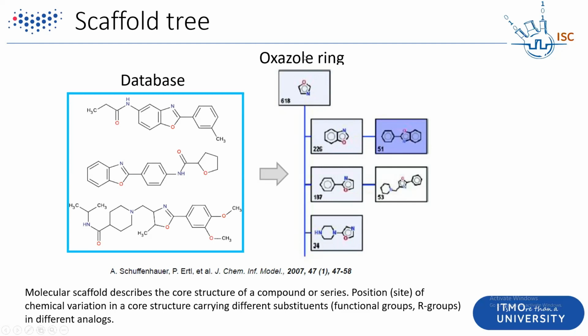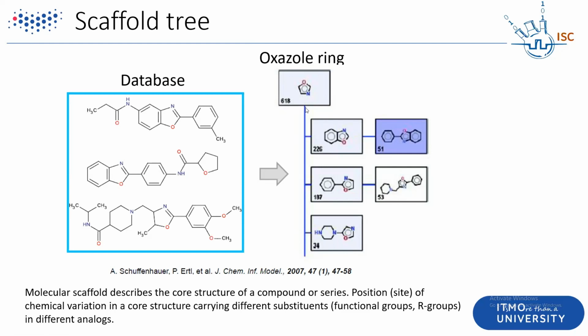by implementing this scaffold tree, one could structure this database and see, for instance, if I add a similarity function, I would have some kind of scoring function to generate the molecules less similar or similar to this particular scaffold.